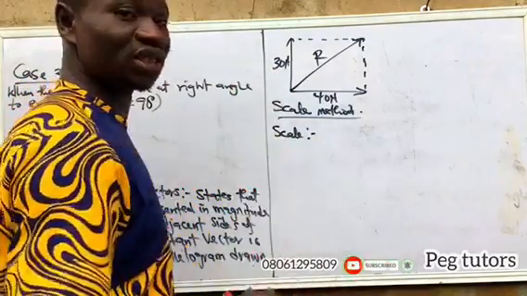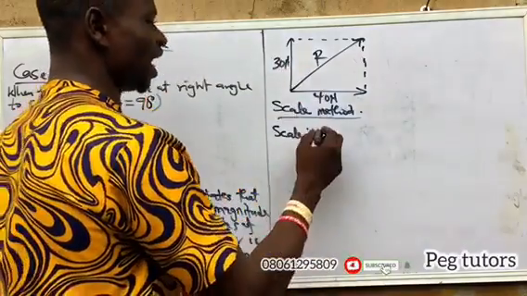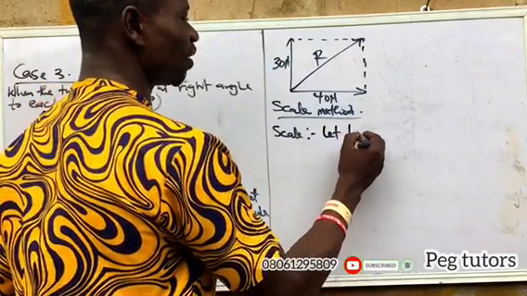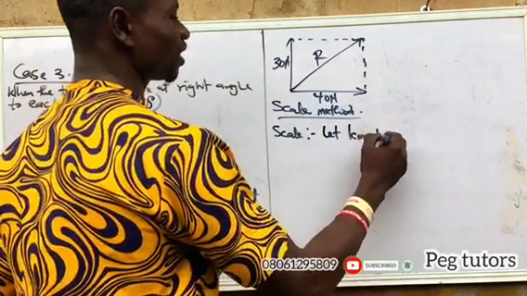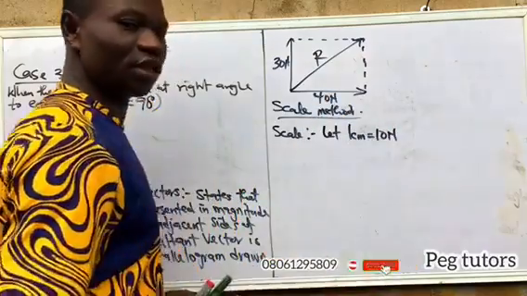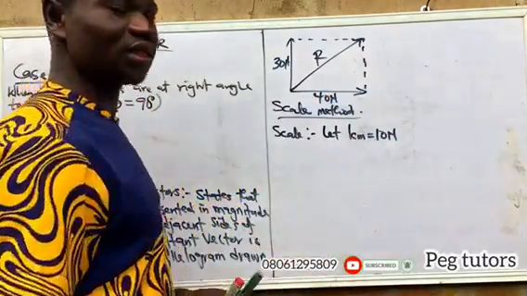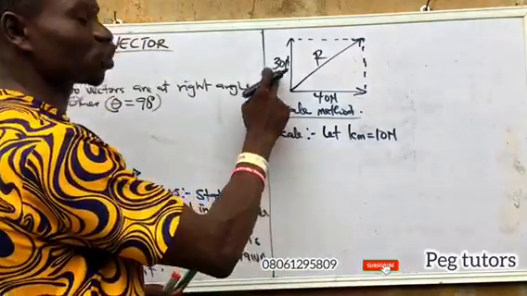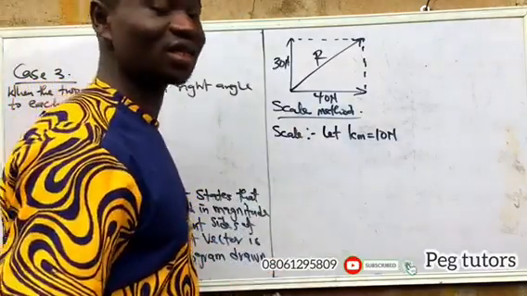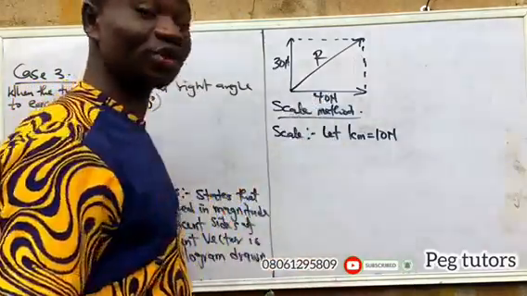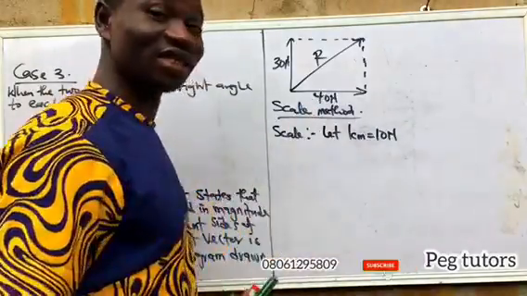And how do you do that? By choosing a scale. You can say that let 1 cm on your ruler represent 10 Newton on the board. Which means every 1 cm will represent 10 Newton. If you want to draw 30 Newton, you should be drawing 3 centimeters. And if you want to draw 40 Newton, you should be drawing 4 centimeters.